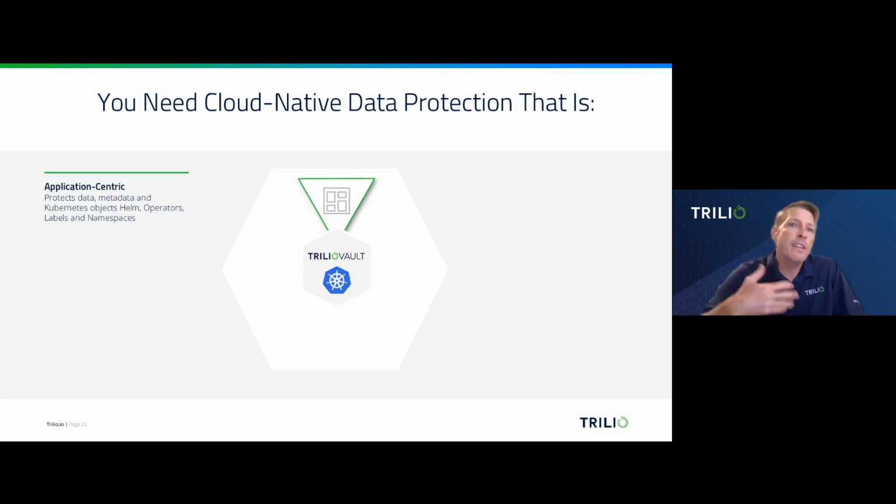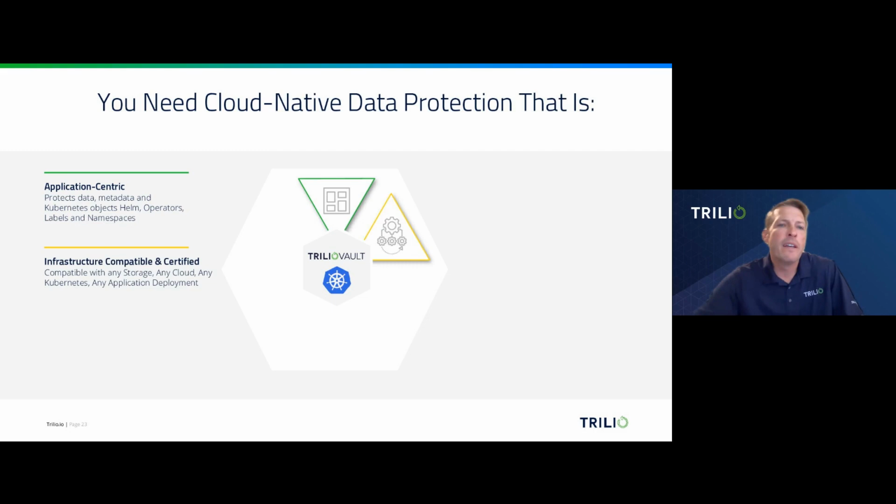Those worker nodes can even be set up to be dynamic so that they can increase and decrease based on application demand. So how do you track those applications in that dynamic environment? Trilio takes an application-centric approach. We follow everything that you're deploying in Kubernetes, both the metadata and the persistent volume data, and then we back that up and store it offsite.